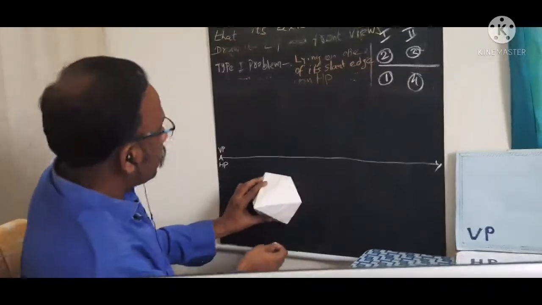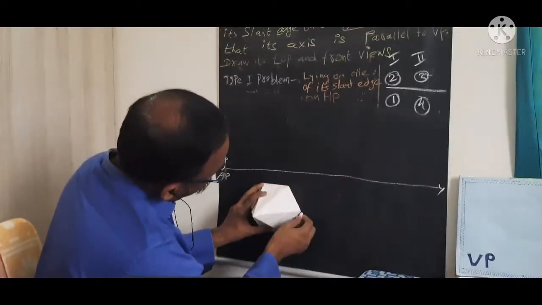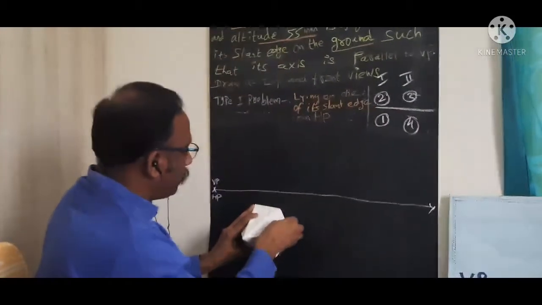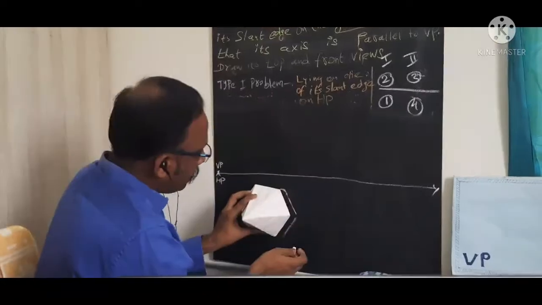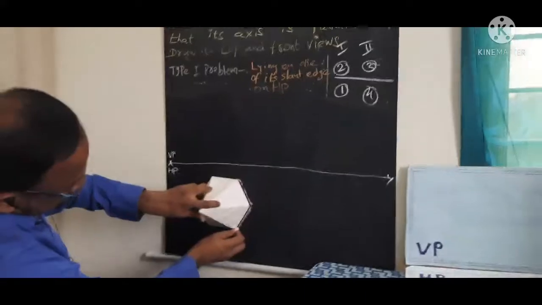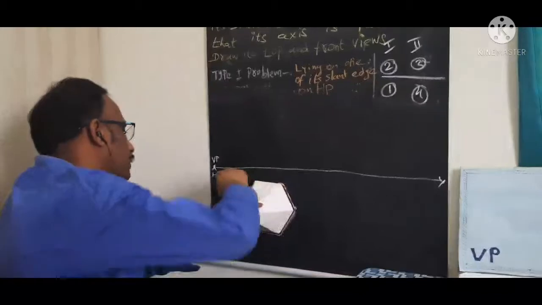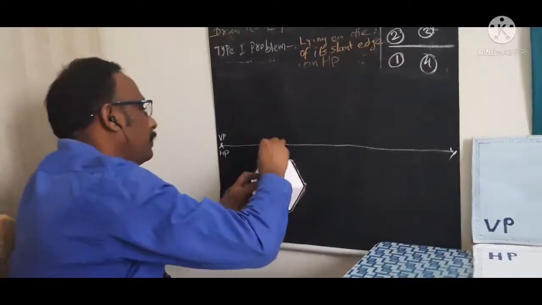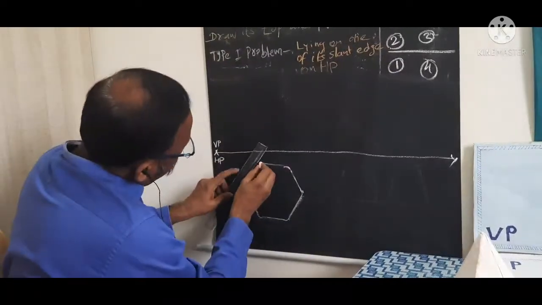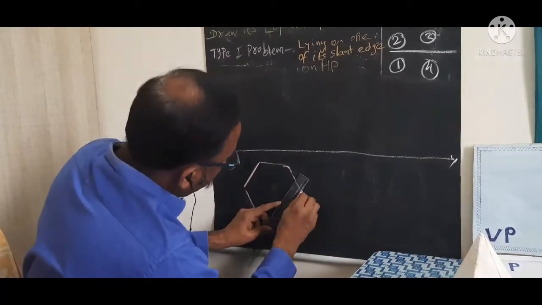we are going to draw the projection of this particular pyramid. I will draw the top view of this pyramid by keeping one of the corners on the right side because the slant edge is going to rest. Now I will draw this hexagon, with darker lines.